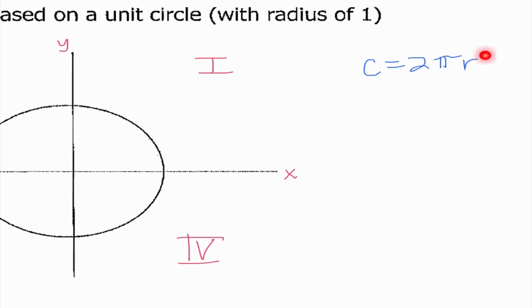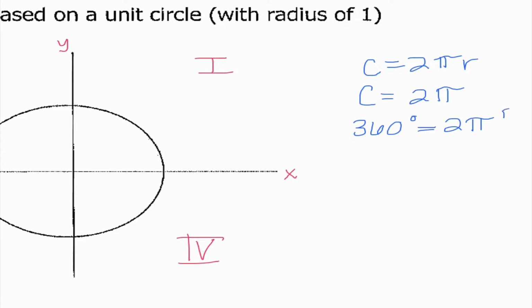So I'm going to substitute 1 in for r, and I get that the circumference is 2 pi. Now, if I'm thinking about this technically, a circumference is really 360 degrees. So 360 degrees is equal to 2 pi.